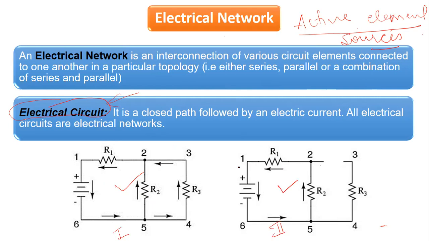In diagram 1, there is one battery and resistors connected to one another, and in all the circuit diagrams, all the elements will have certain current flowing through them. There is an arrow shown, and the current is flowing through all the branches, all the elements.